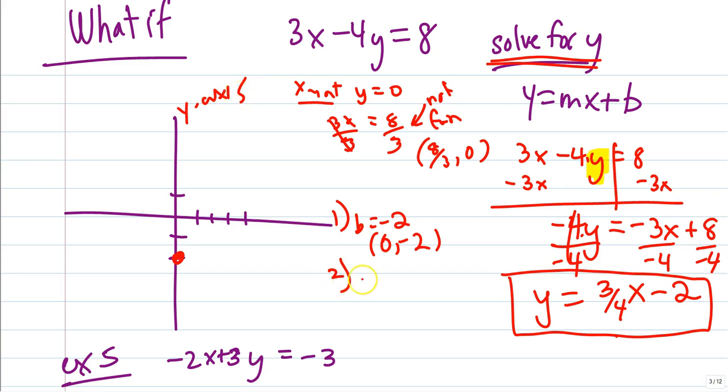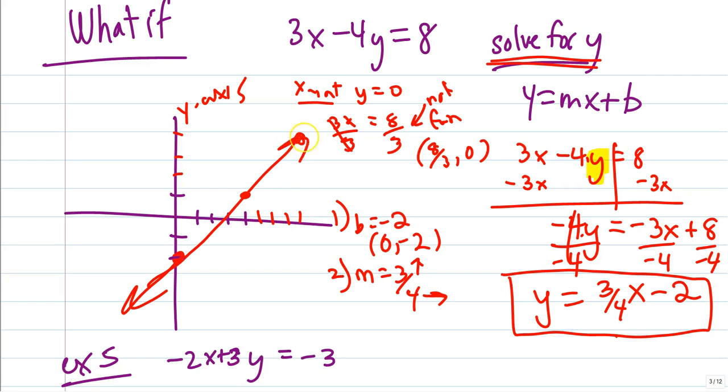From there, we use the slope, 3/4, that is rise 3, positive, run 4, positive: up 1, 2, 3, and over 1, 2, 3, 4. And that should be enough. If you wanted more, I could go up another 3, right another 4, and that should still be on our line. Or down 3, and back 4, and that should still be on our line.